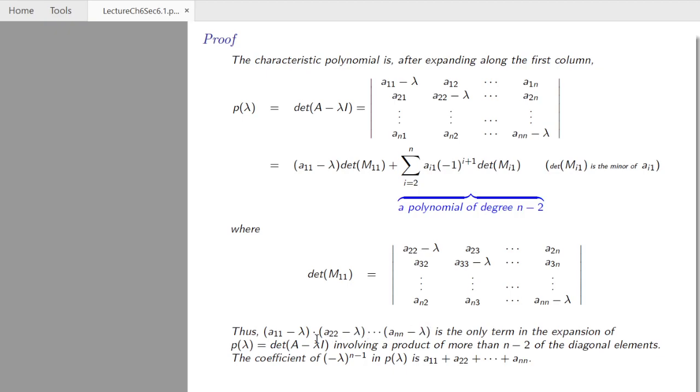That means, for example, we pick negative lambda from the first n minus 1 terms, and from the last term we should not pick negative lambda, because we need the power n minus 1. So we pick the non-lambda term, that is ANN.